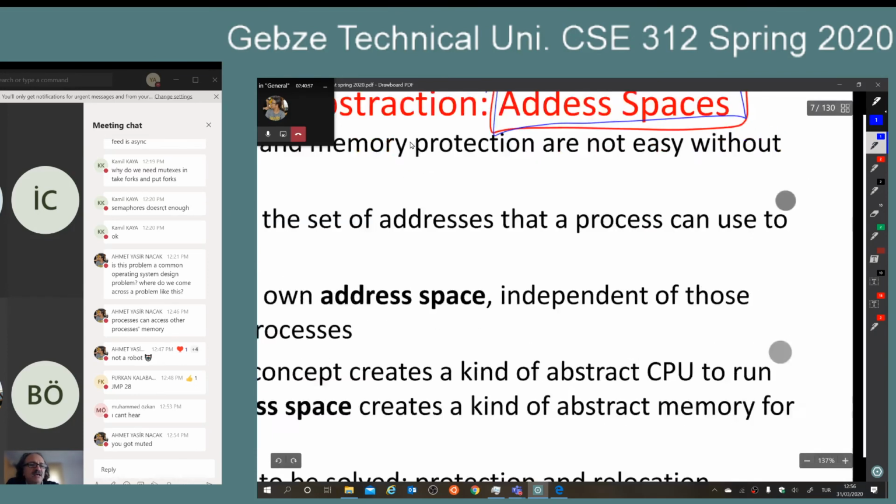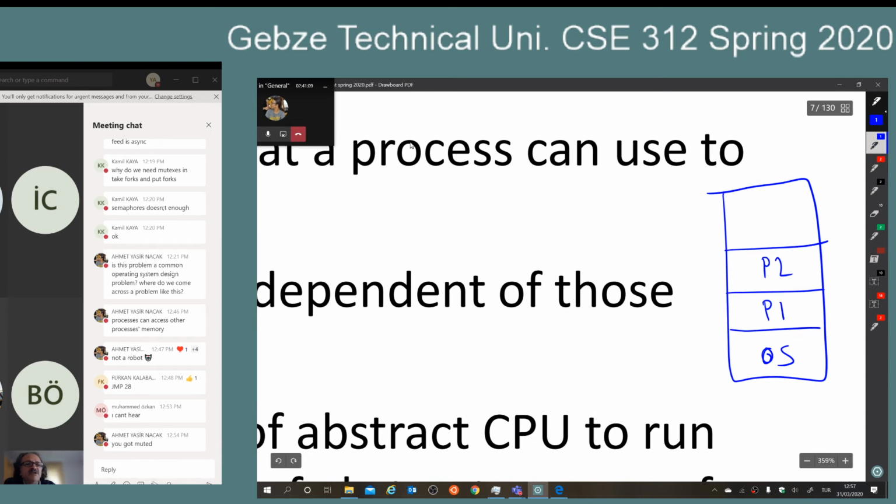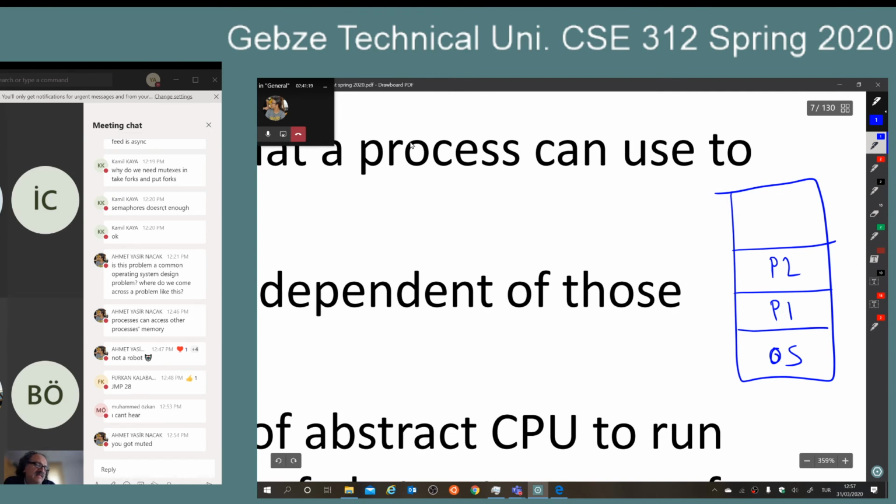If this is my memory, the OS has an address space, process 1 has an address space, process 2 has an address space, but process 1 thinks that all the addressable places in the memory belong to process 1, and P2 thinks that all the addressable places belong to process number 2.